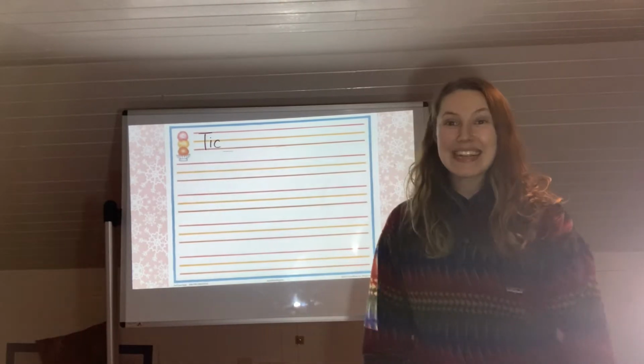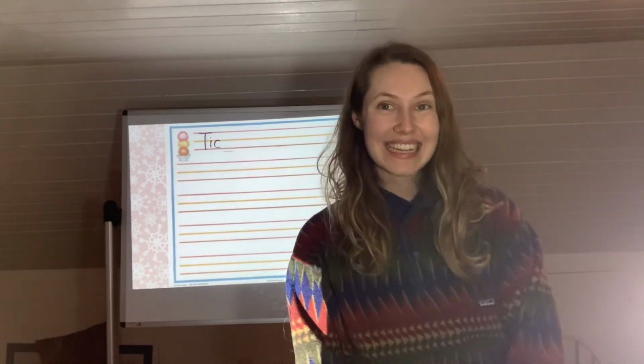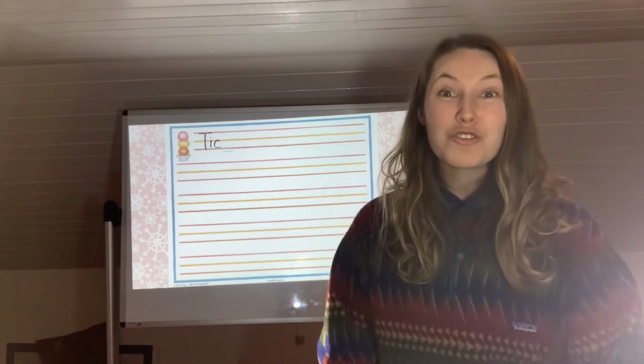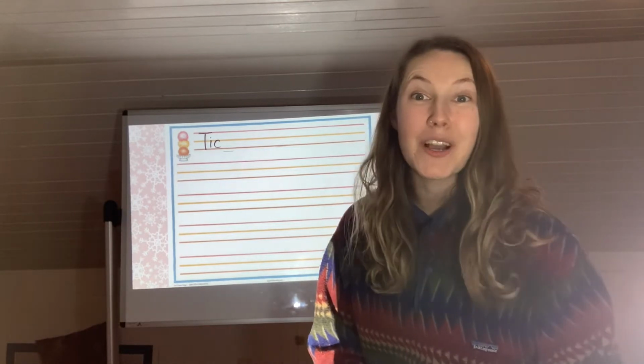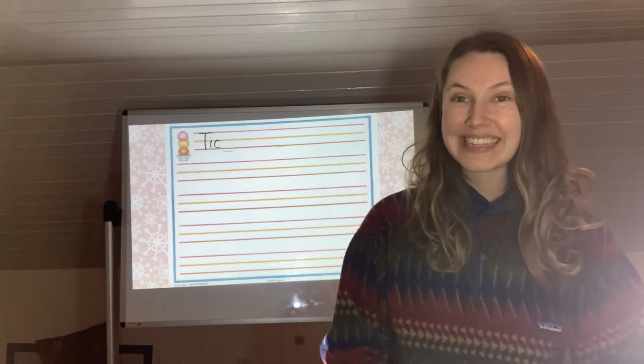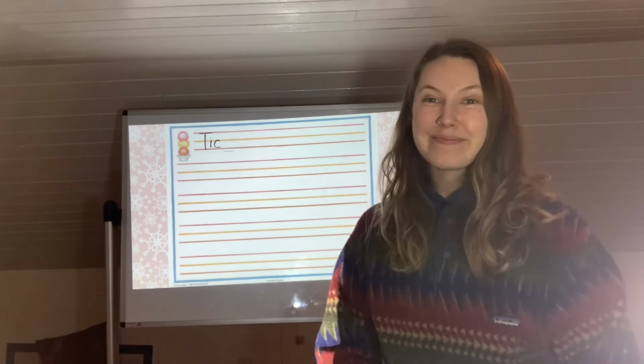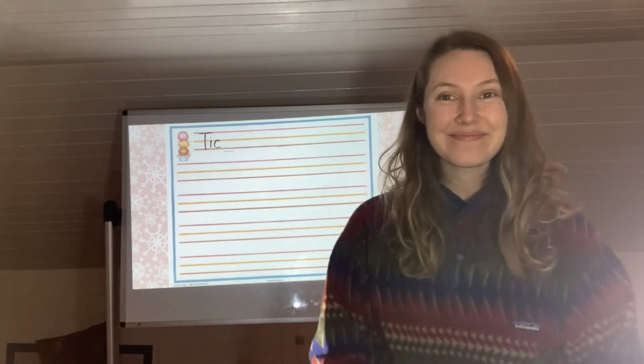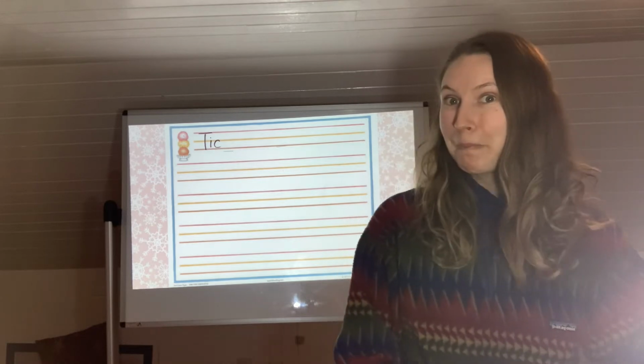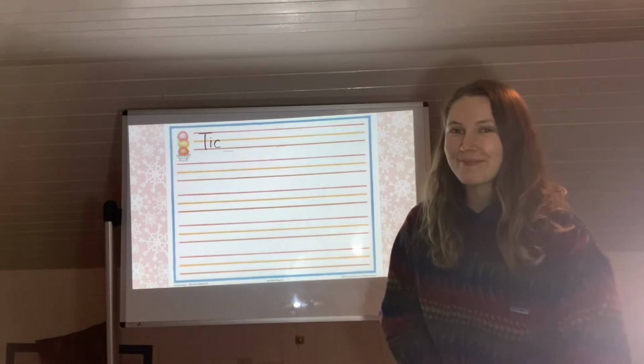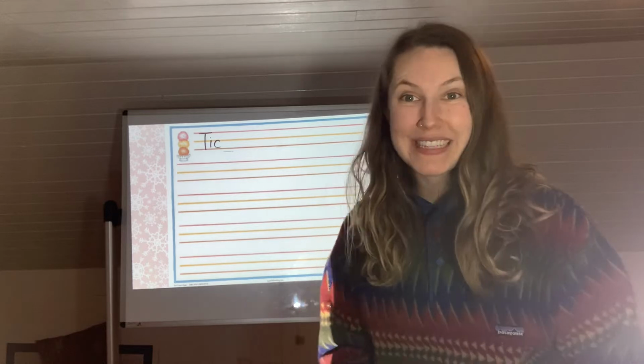Remember to do finger space before your next word. And your next word is Tack. Tack dressed up as a turkey to go trick-or-treating. Tack. How do we write Tack? It's not too different from Tick.